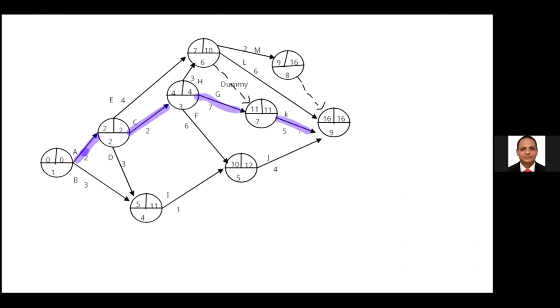The critical path is A, C, G, K. The entire project completion time is 16 days or months.